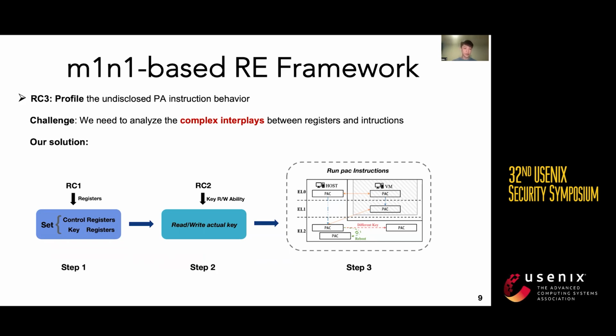Note that these registers are identified based on the first required capability of the framework. Step 2 is to use the ability powered by our second capability to read or write the key value. And the final step is to run the PAC instruction in different domains, such as virtual machine and host machine, user space, and kernel space.